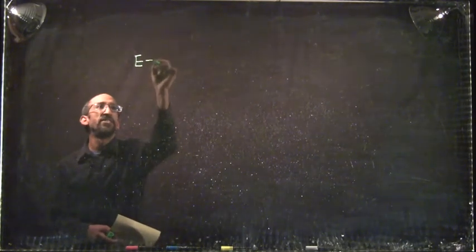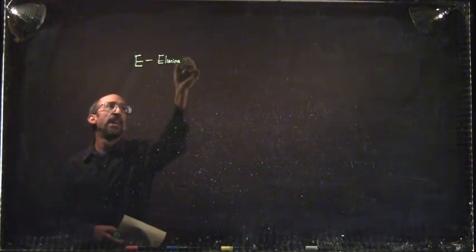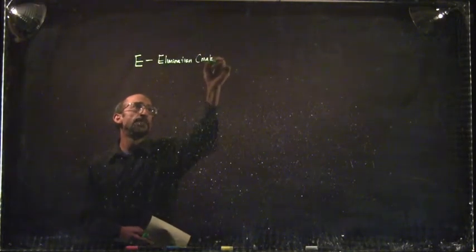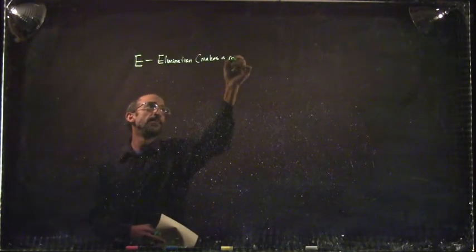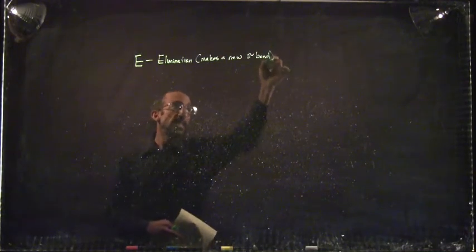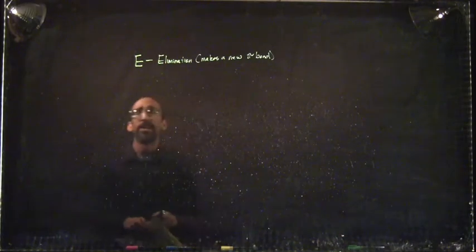So let's start off with, what does the name E1 tell us? Well, the E tells us that this is going to be an elimination, which typically makes a new pi bond. And the 1 tells us that this is a unimolecular reaction.